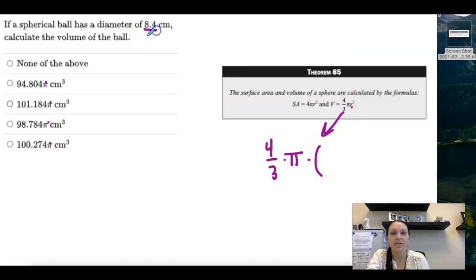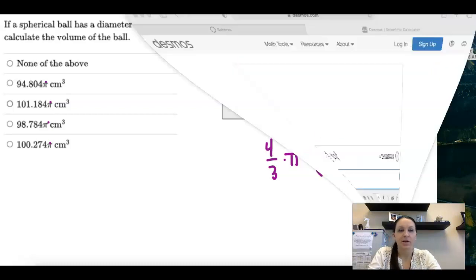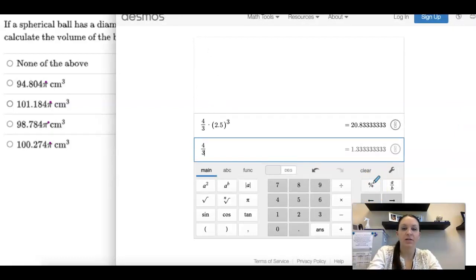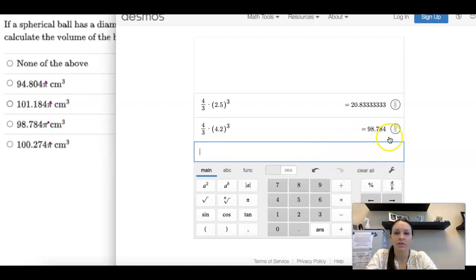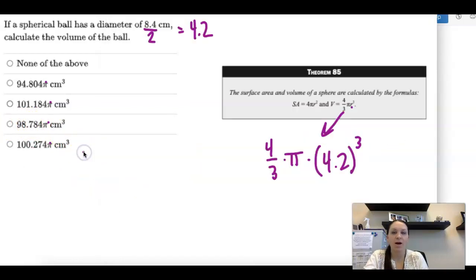So half of the diameter. 8.4 divided by 2 is 4.2 to the third. And when I put that in my calculator, I'm going to just put the numbers, not pi. So 98.784 right here, and then pi is just part of the answer.